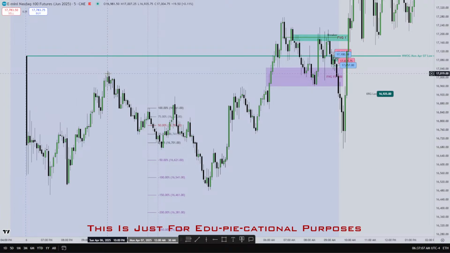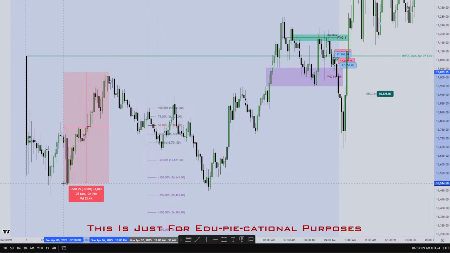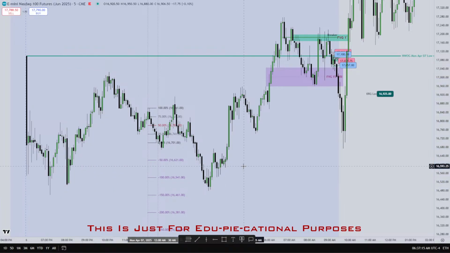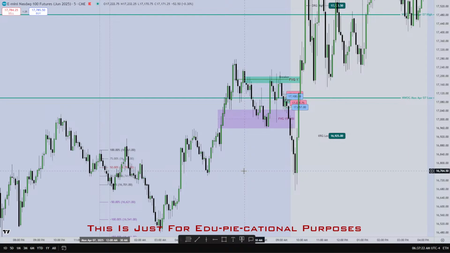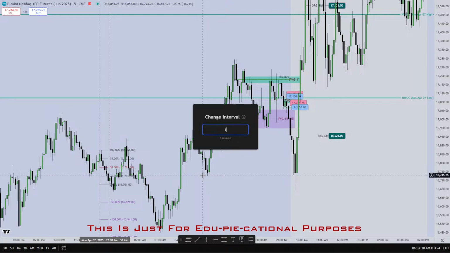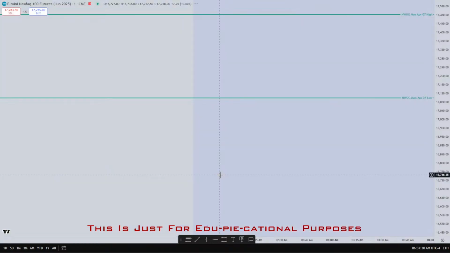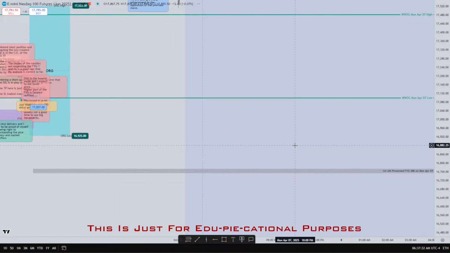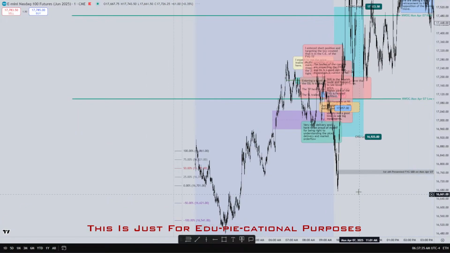Let's measure the range. It's something around 500 handles, which is a lot for a consolidation, and the level of volatility yesterday was quite high. So we are going to measure in the 1-minute chart and see what we have here.